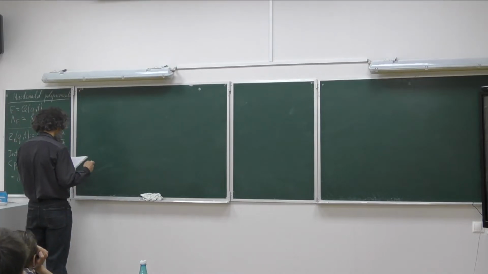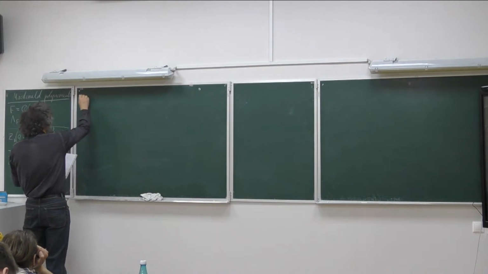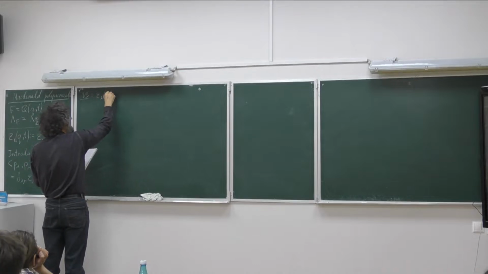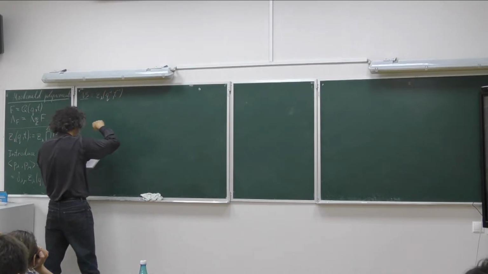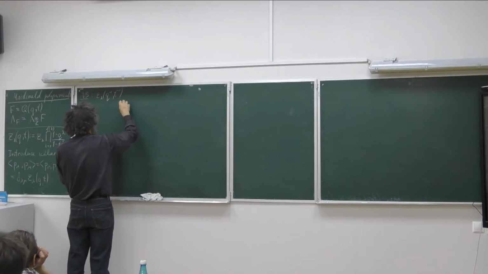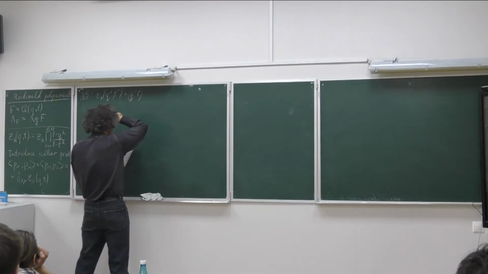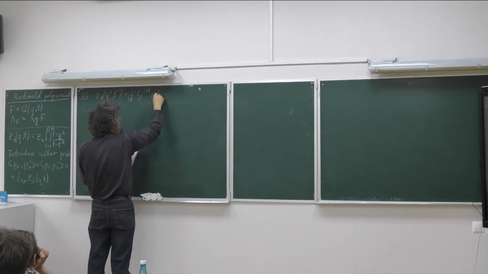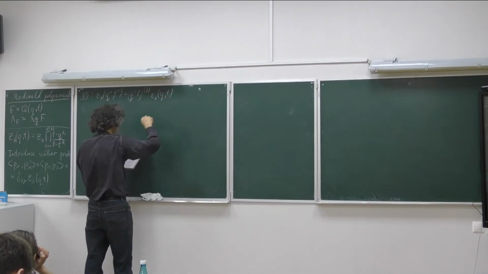Okay, and note that if we invert q and t, then z lambda will be equal to q inverse t to the power of the size of lambda, times z lambda of q t.